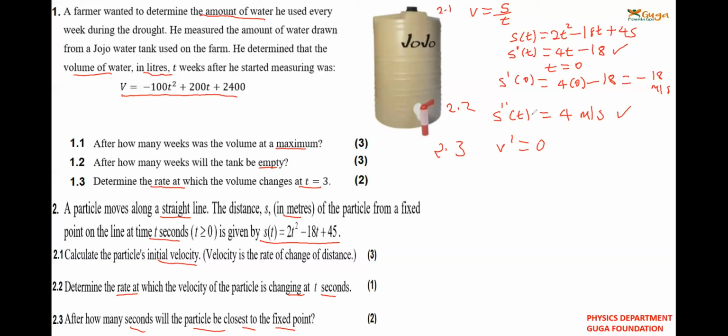So 4t minus 18 is equals to 0. Then I've got 4t is equals to 18, and then my t should be 4.5 seconds, because we're looking for how many seconds.